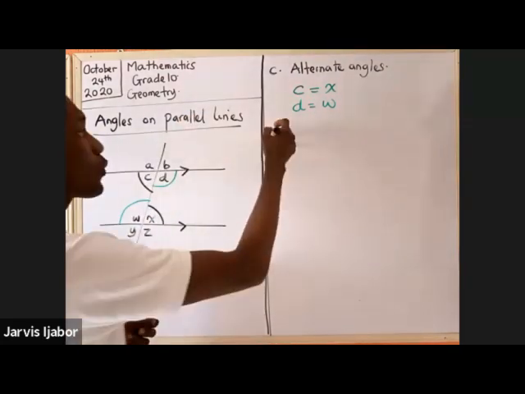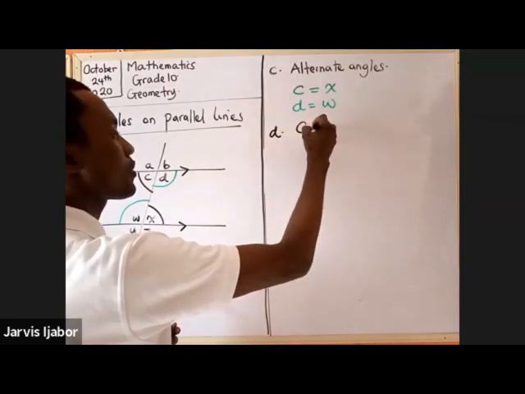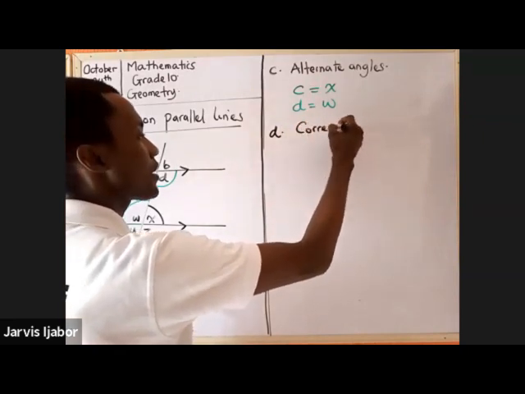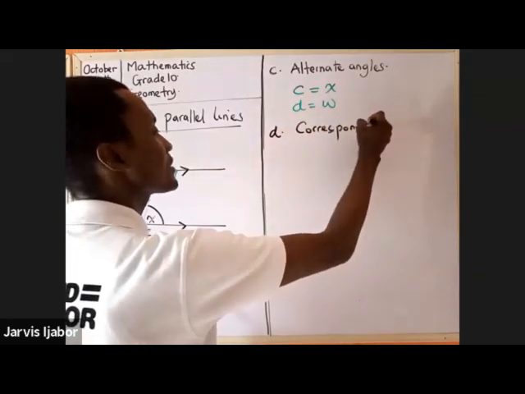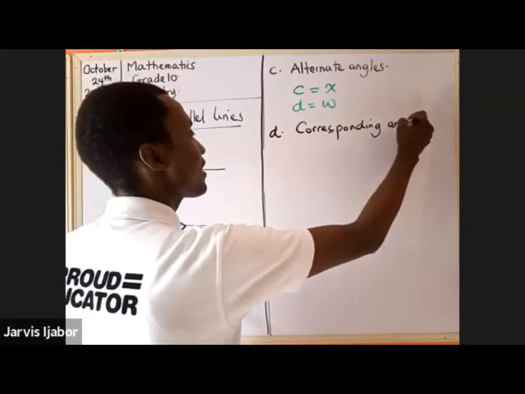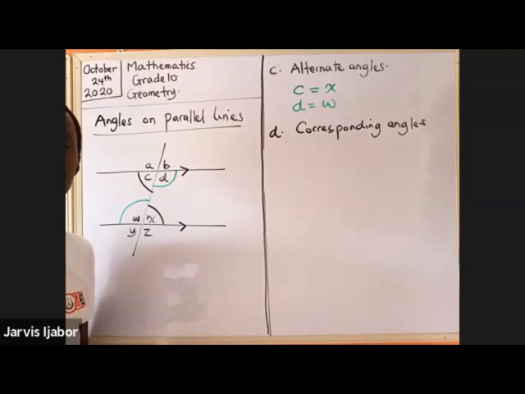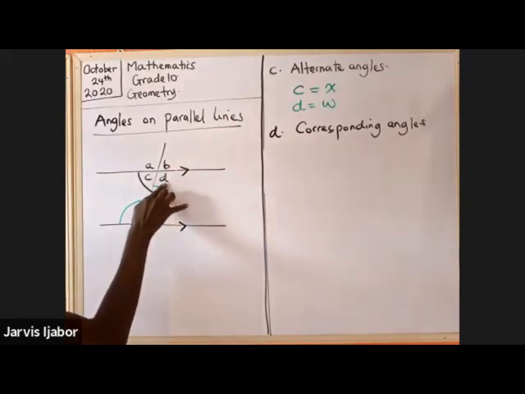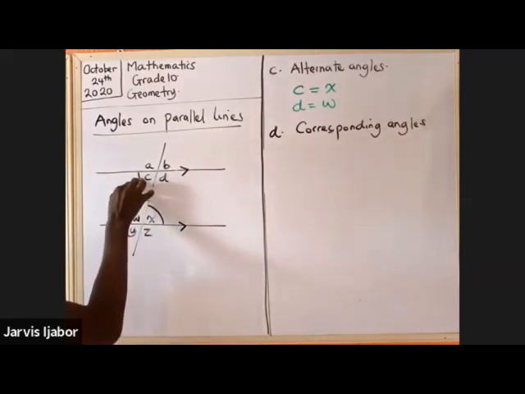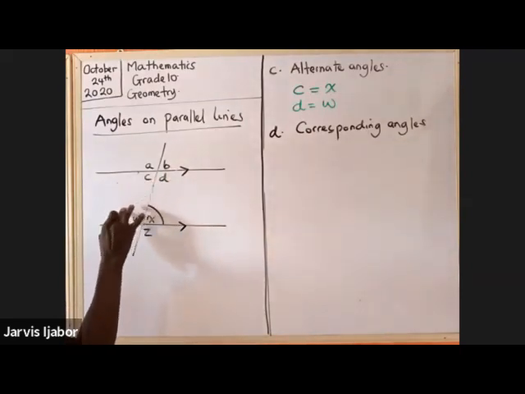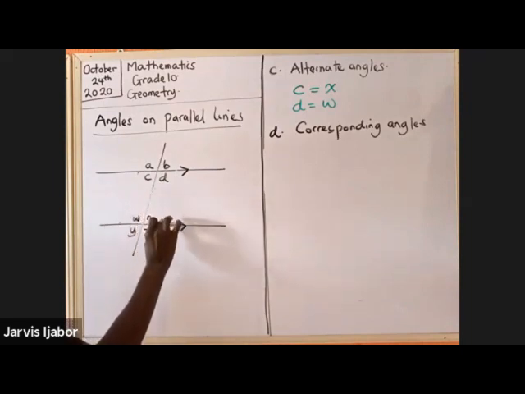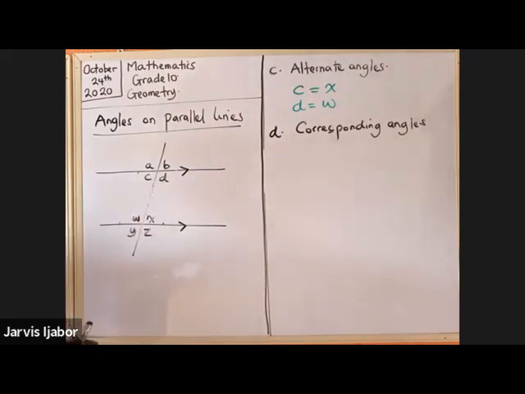So the next one we have is what is called corresponding. Corresponding will suggest same side. So the nugget to remember for corresponding is what? Same side. Let's see how that plays out here. Now, corresponding is always on the same side.